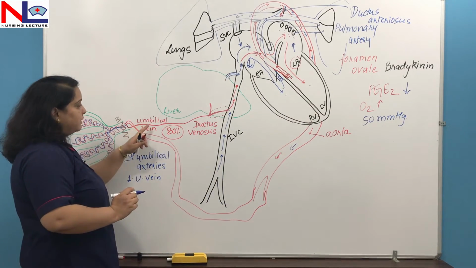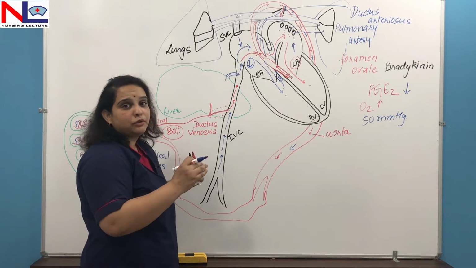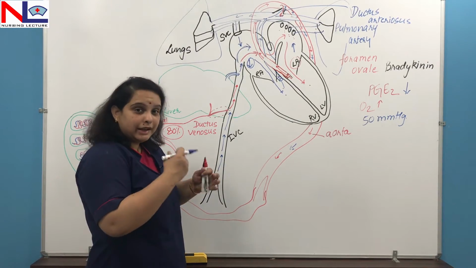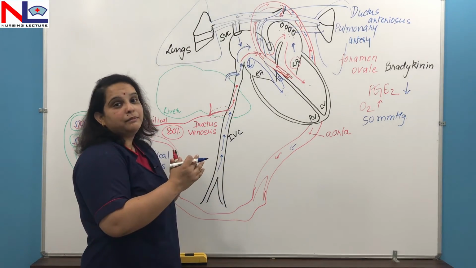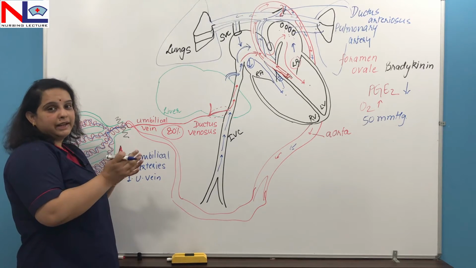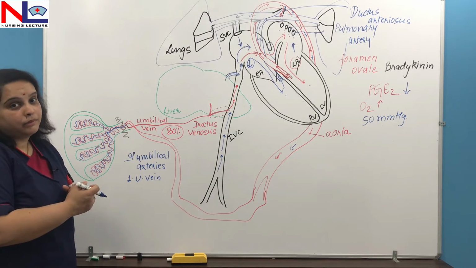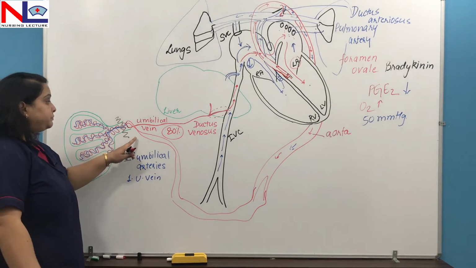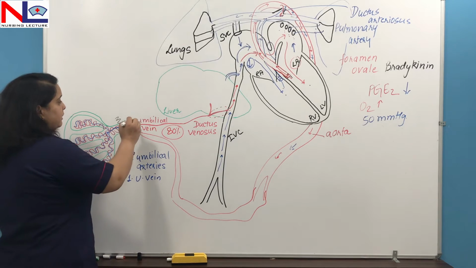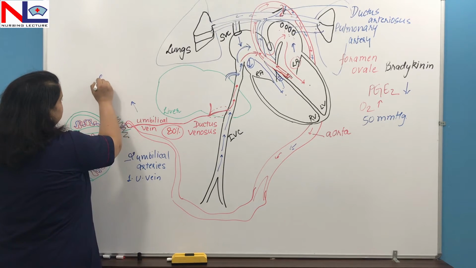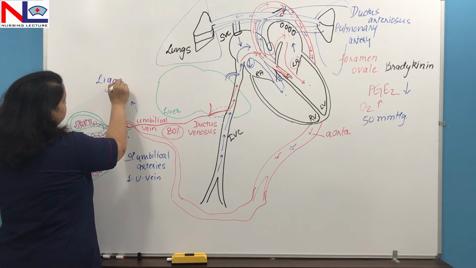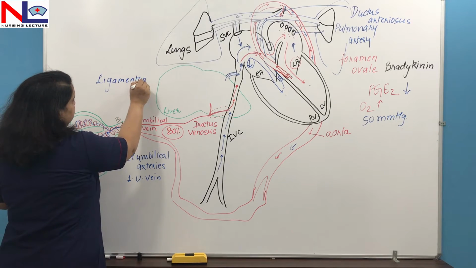The functional closure of all these 5 is immediate, but they become ligaments quite later. It takes months to close down permanently. Okay, so the umbilical vein now becomes the ligamentum teres.